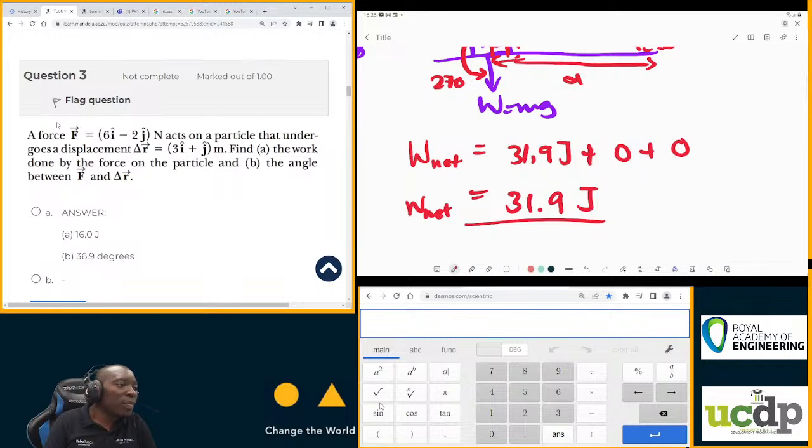Find the work done by the force on the particle and the angle between F and r. So the work done by this force and the angle between F and the displacement r.